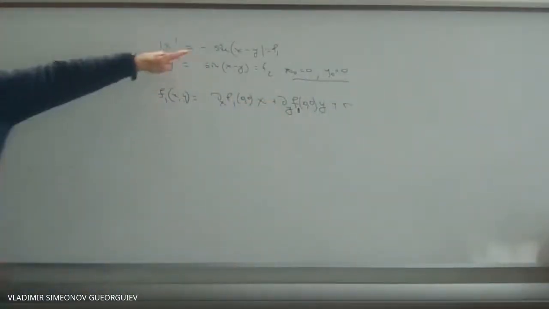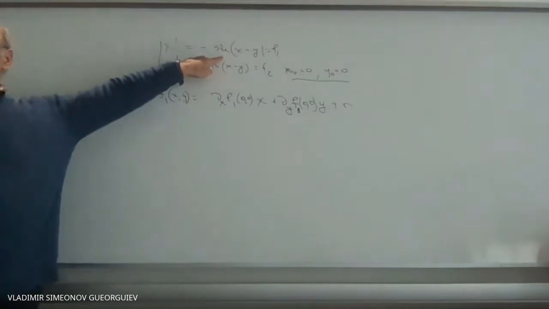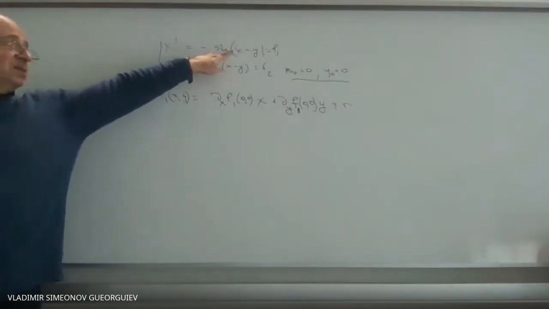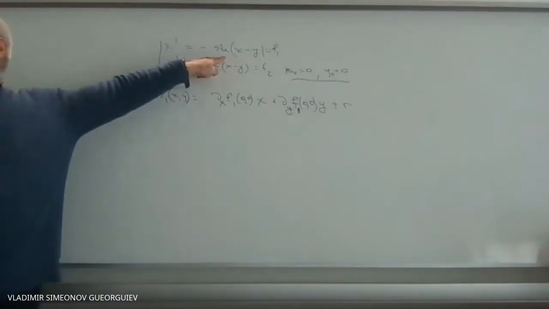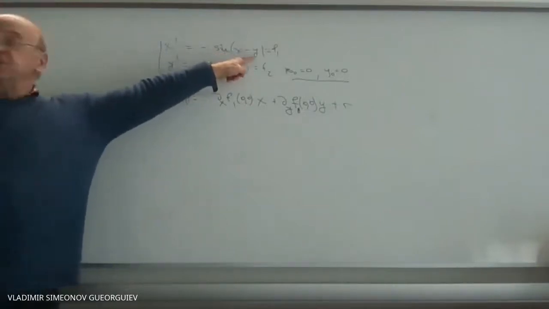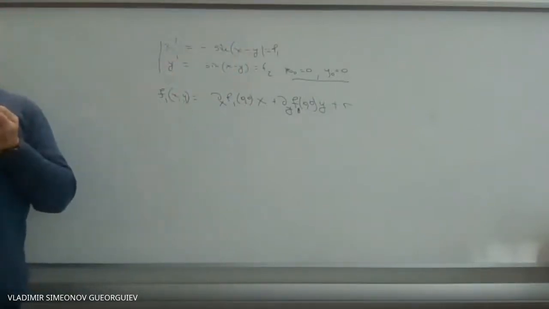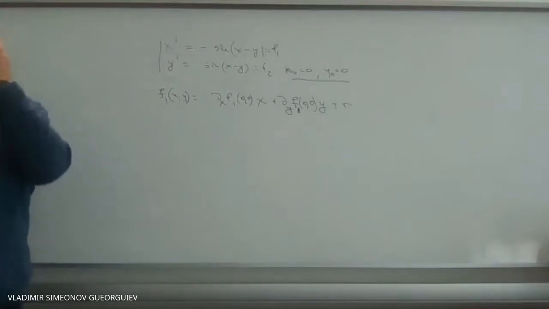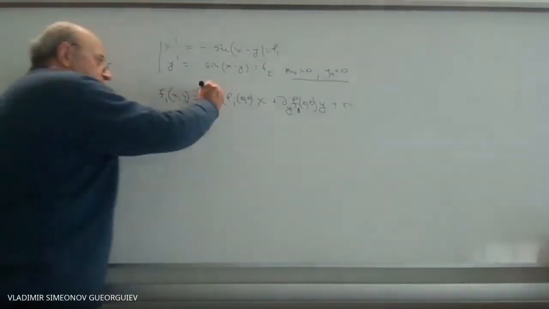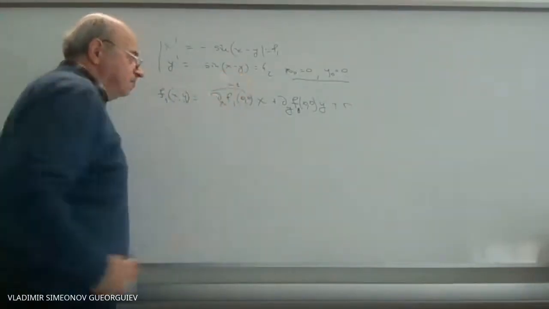So what is the derivative of minus sine with respect to x? The derivative of minus sine is minus cosine, at which point? 0, 0. Cosine of 0 is 1. Minus cosine of 0 is minus 1. So this coefficient here is minus 1.